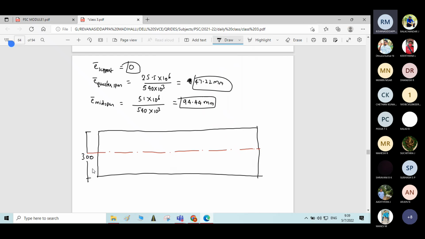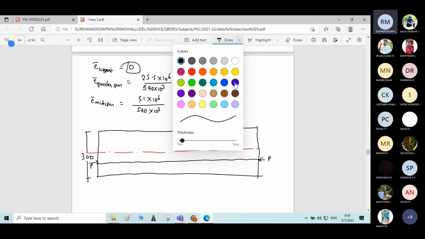Cable profile is 60 mm from the central axis. Okay, now you can locate the pressure line or the thrust line.